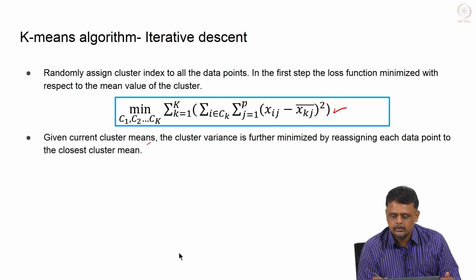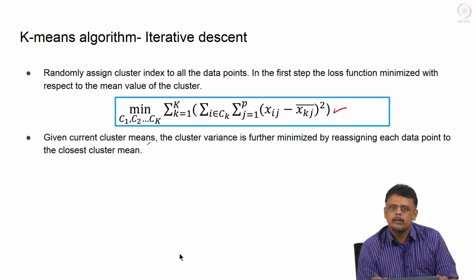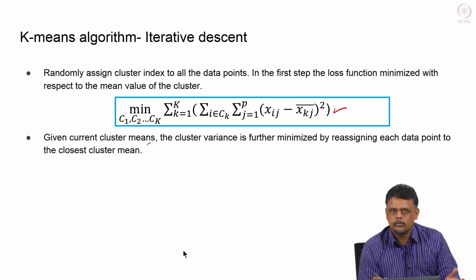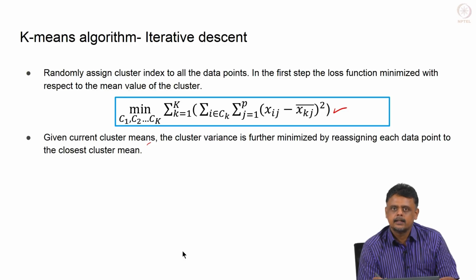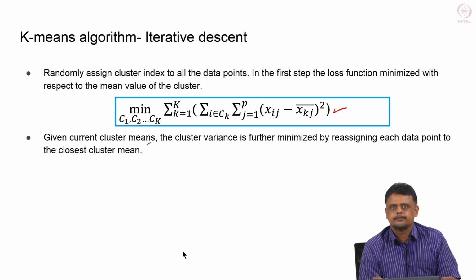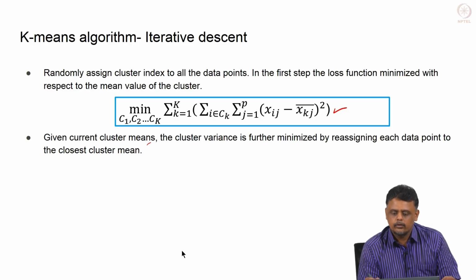So, the first step is to minimize the loss function with respect to the mean value of the cluster. We know that the way to minimize the loss function is to figure out the distance of each one of those points from the cluster centers, right. That would minimize this cost function that we saw earlier.